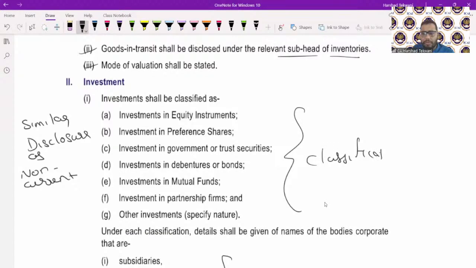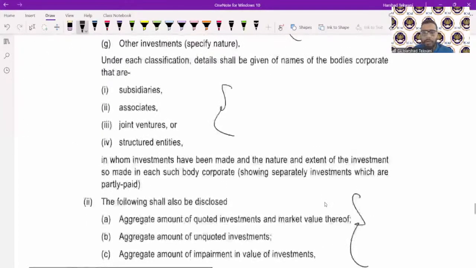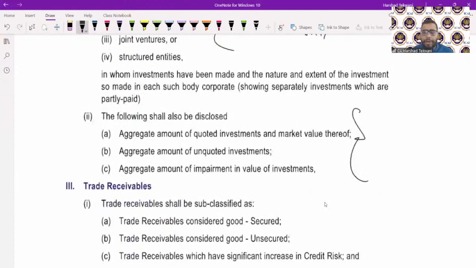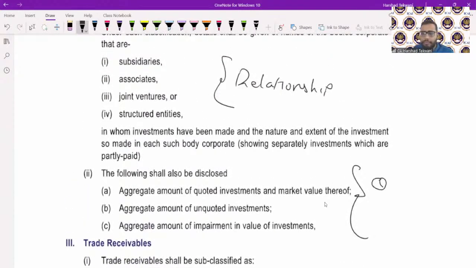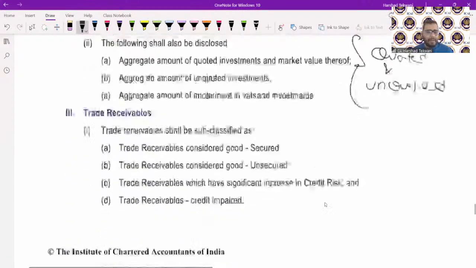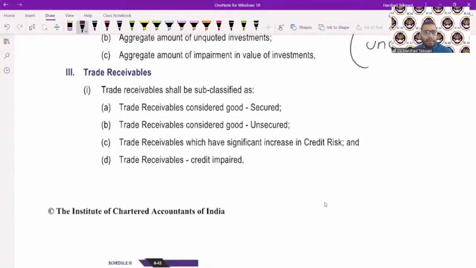You need to disclose classification, relationship, and quoted or unquoted for investments. Clear?